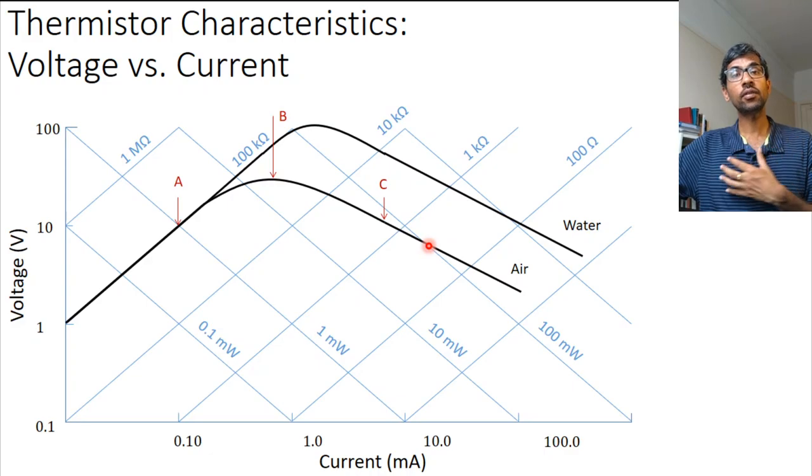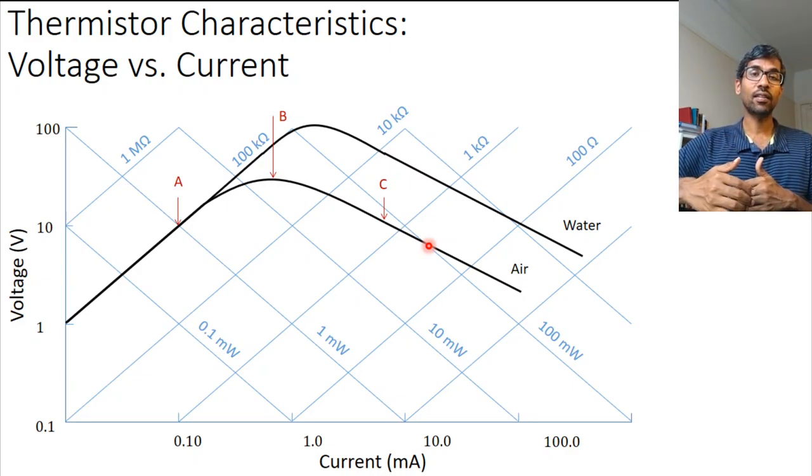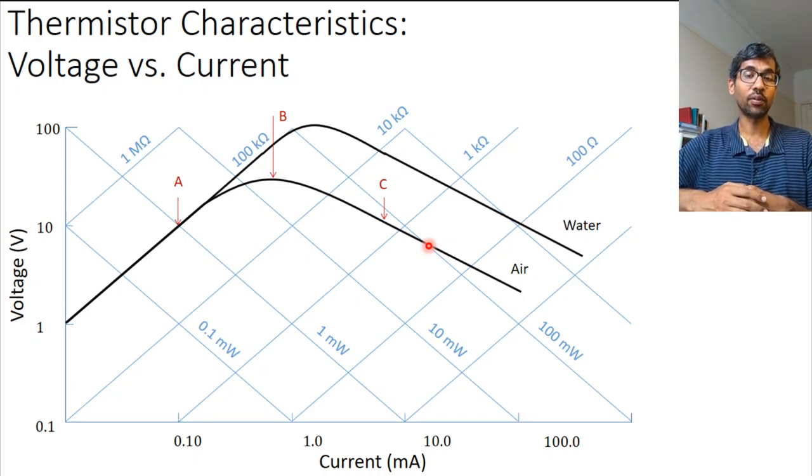One of the ways to prevent that is, instead of voltage sources, we use current sources to control the current in the thermistor. We make sure that the current through a thermistor cannot exceed a certain value, and that would prevent runaway.